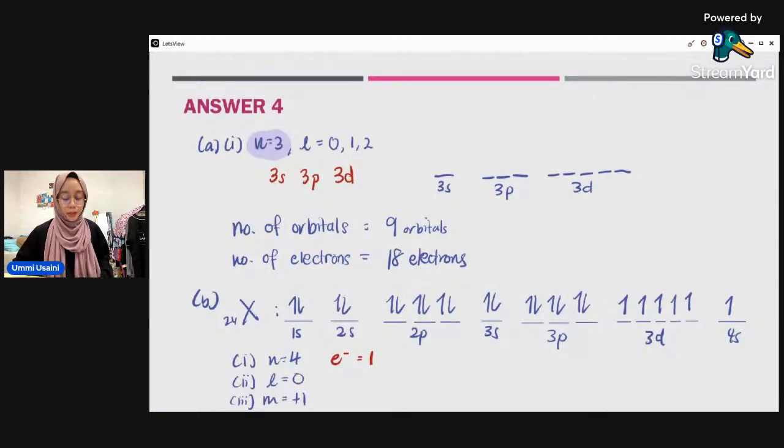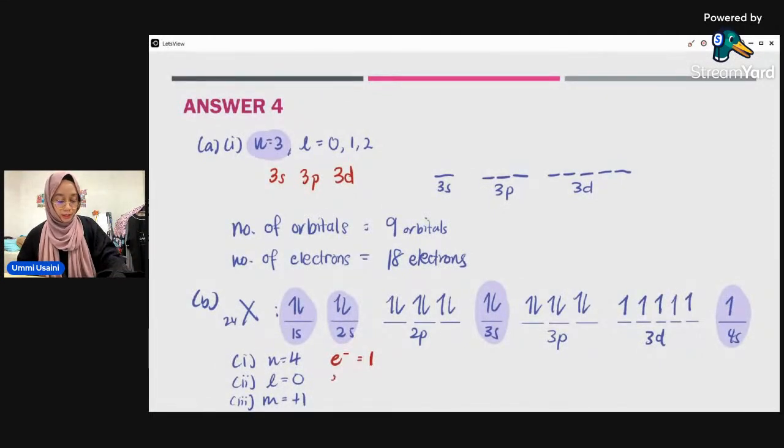So we have many s orbitals here: 1s, 2s, 3s, and also 4s. Therefore, the total number of electrons here is 2, 2, 2, 1. So yes, we have 7 electrons. So when l equals to 0, the number of electrons in this element is 7. Very good.